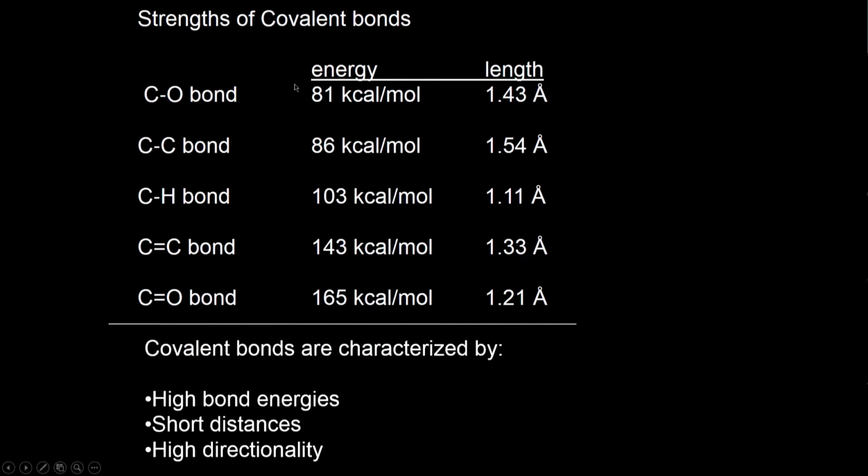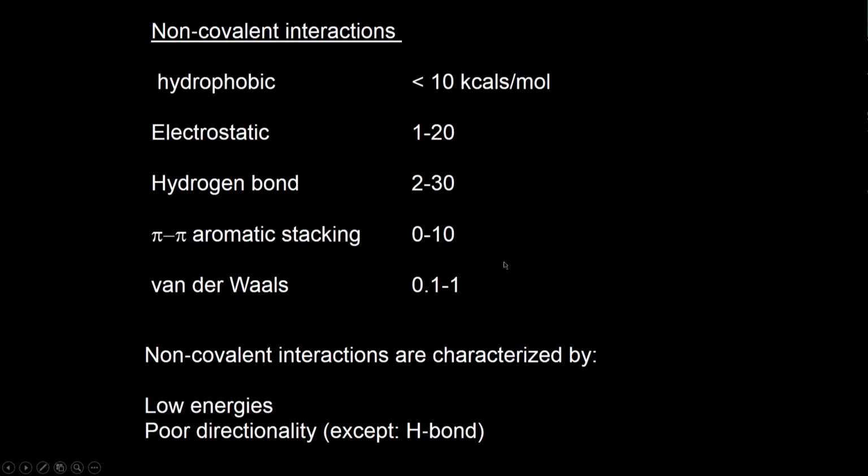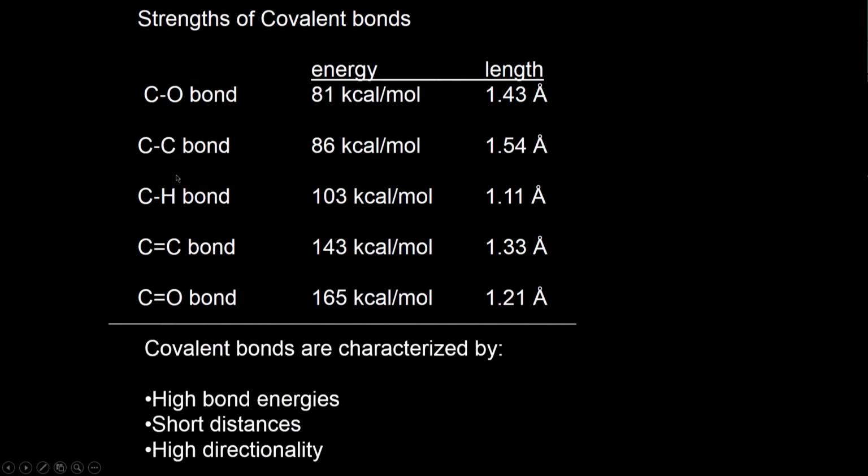Whereas for covalent, big numbers, 80 to 160. So non-covalent interactions are characterized by low energies and poor directionality. Direction is not very fixed, unlike the covalent.